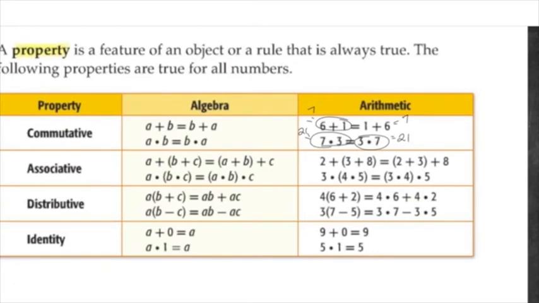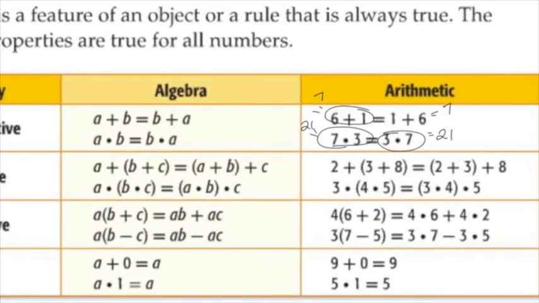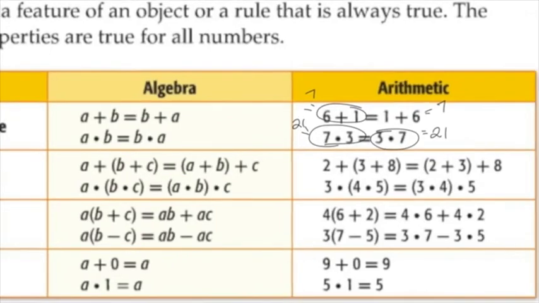Order does not matter. Associative property, that shows us that grouping does not matter as long as it has a common operation. So looking at this one, we got A plus B plus C equals A plus B plus C, for addition and multiplication, excuse me.